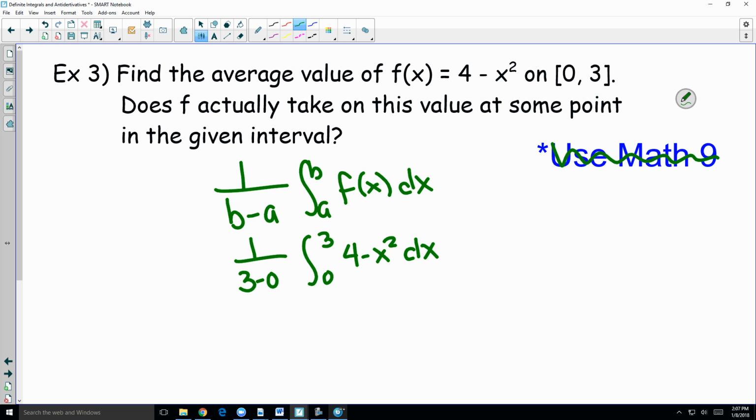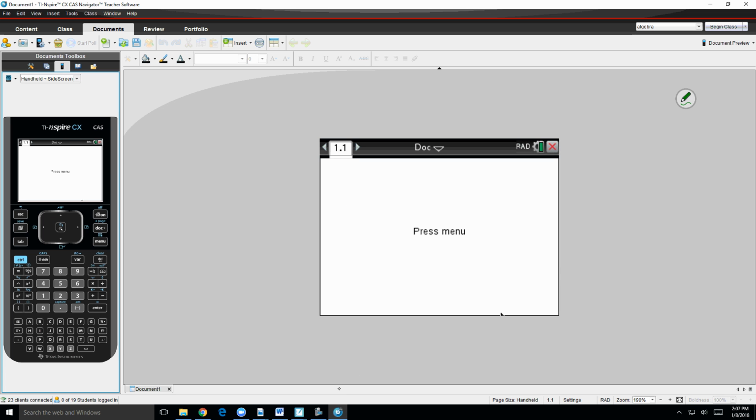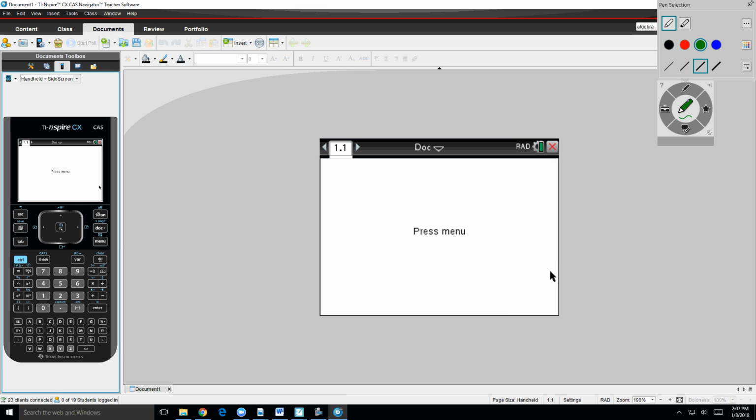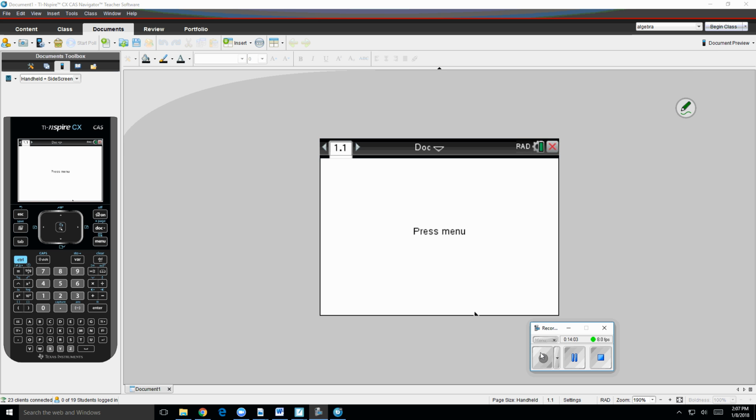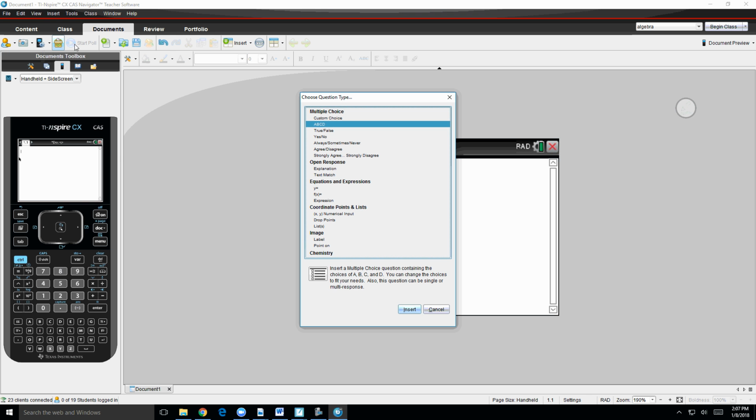So if you have your 89 with you, you'll want to get it open. When you're at the calculator, you want to insert a calculator page.